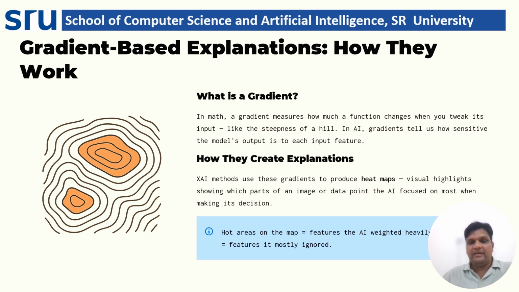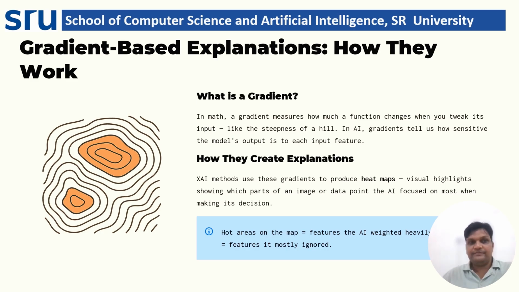In AI, a gradient tells us how sensitive the model's output is to each input feature, and that is how they create explanations. XAI methods use this gradient to produce heat maps, visual highlights showing which part of an image or data point the AI focused on most when making its decisions. A hot area on the map means a feature the AI weighted heavily; a cool area means a feature it mostly ignores.